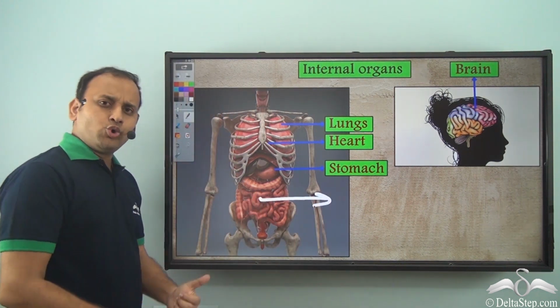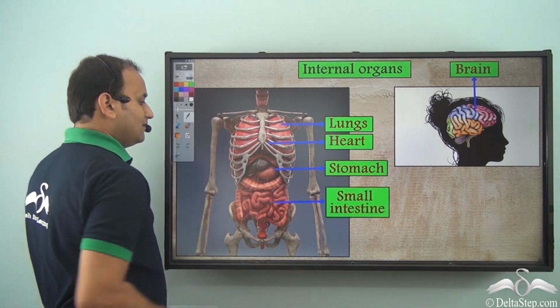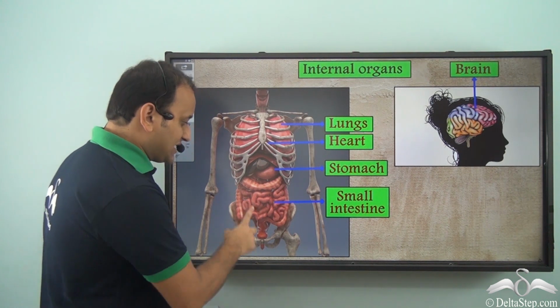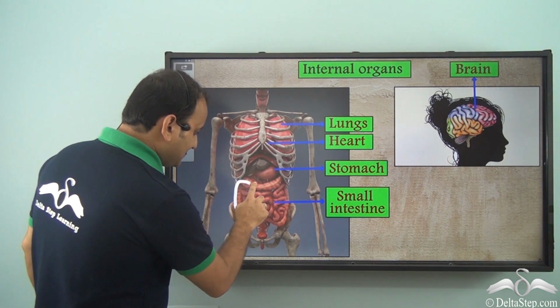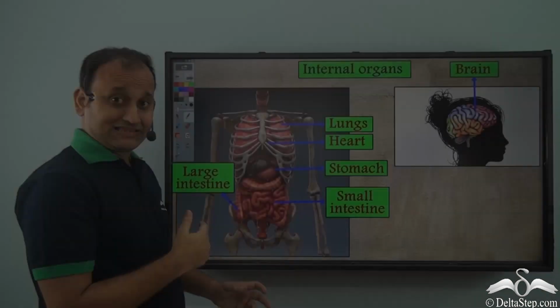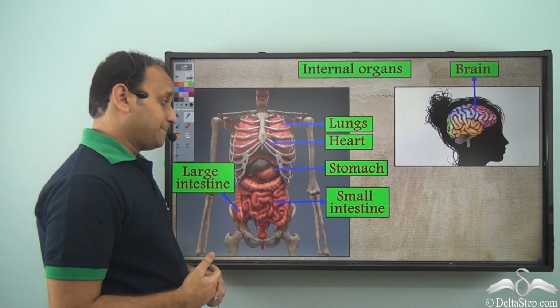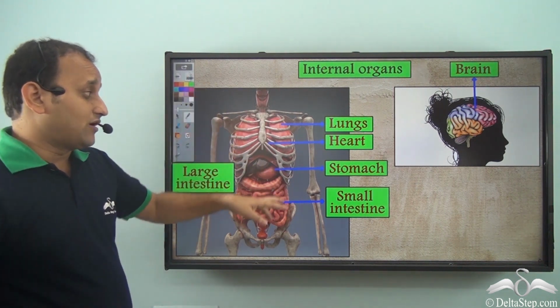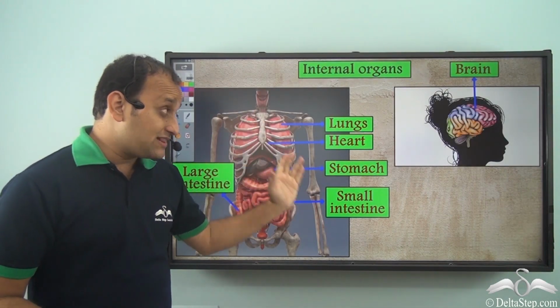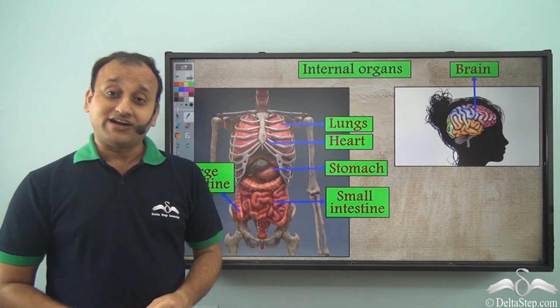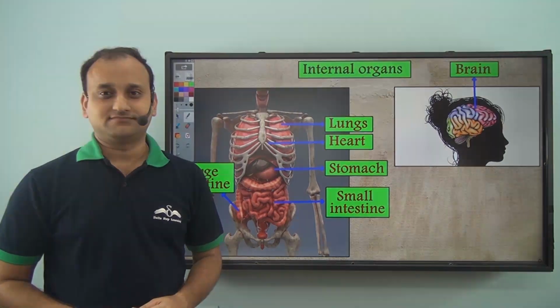And we have two intestines. One is the small intestine located here, and then the larger one is this. So this is the large intestine. And all these organs have specific functions as we have discussed. And together, proper functioning of all these organs is very important for our well-being.